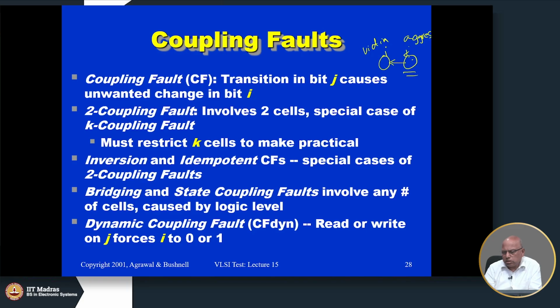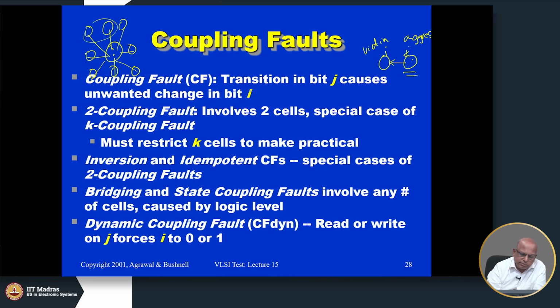There could also be multiple aggressors. There is a cell I and there is a pattern of neighbors. This cell is surrounded by several neighbors: one to the right, one to the left, one to the top, one to the bottom, northwest, northeast, southwest, southeast, and all of them could be aggressors. Two or more of them, or one or more, could be aggressors.